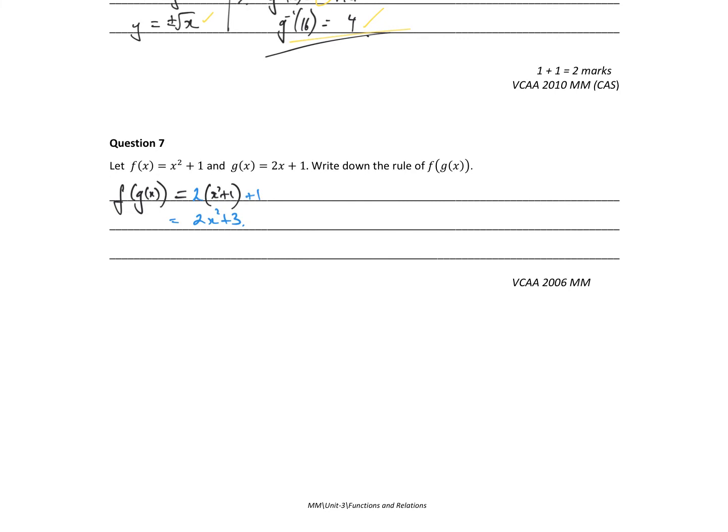Short and simple, write out the rule for f of g of x. So substitute g of x into f of x. And so we get, oh, geez, I'm glad I've looked at that. Substitute g of x into f of x. Might as well fix that up now.